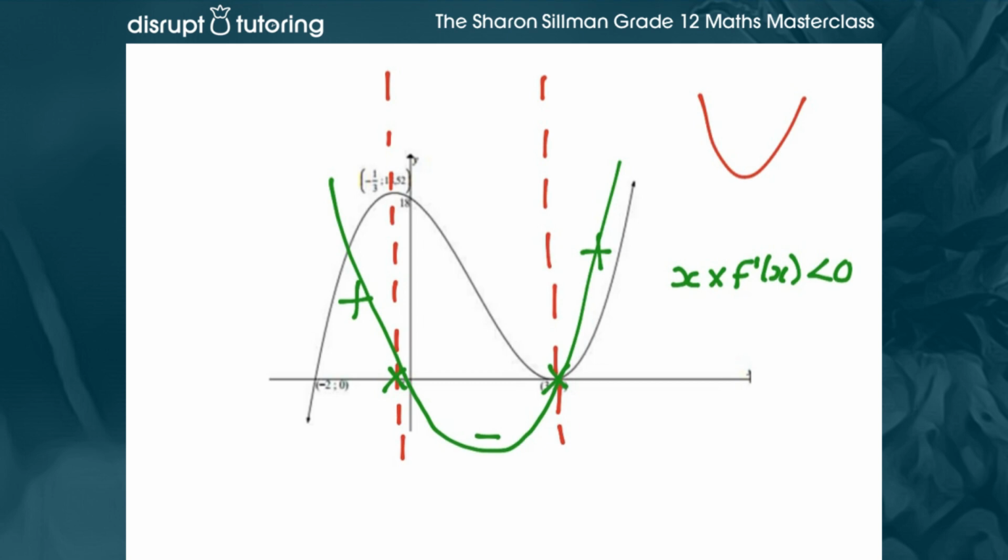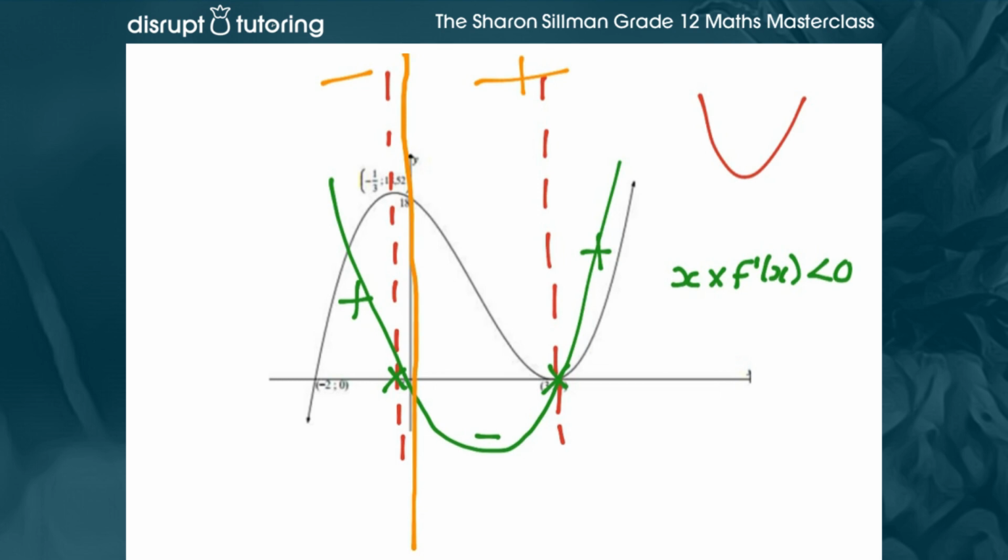The negative part is anything below. And notice that the y-axis is what cuts off the x numbers being negative or positive. To the left of the y-axis, all the x values are negative. To the right of the y-axis, all the x values are positive.